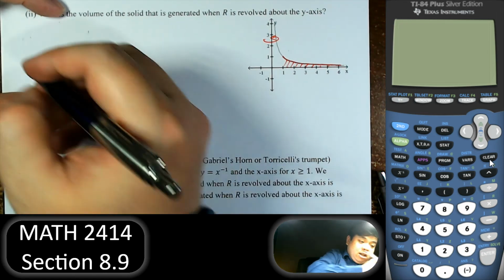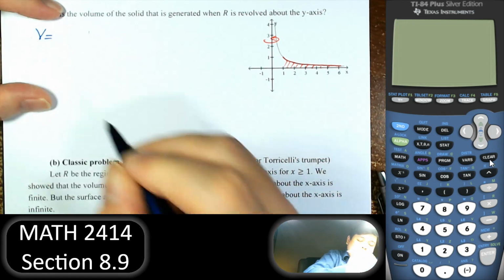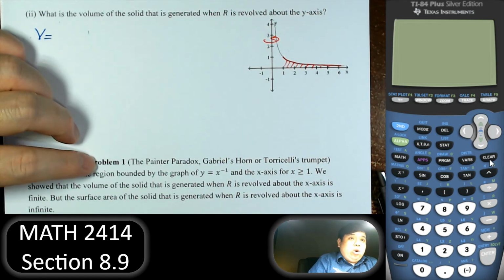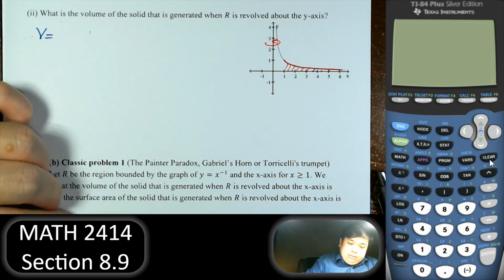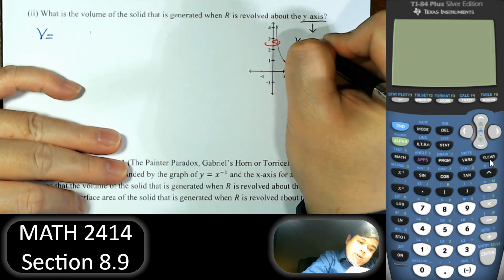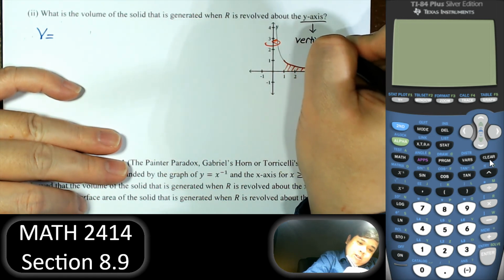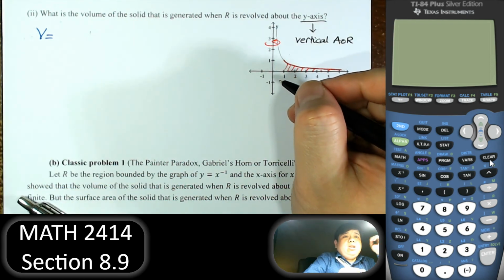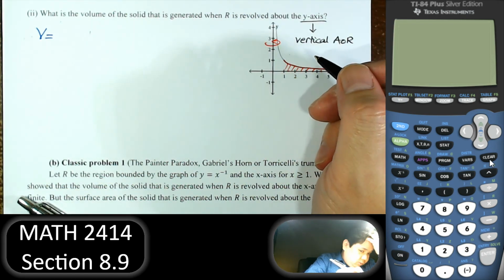I'm just going to set this up. So V equals, now if we rotate around this, we can use the washer or the shell method. The y-axis is the vertical axis of rotation, so it depends.